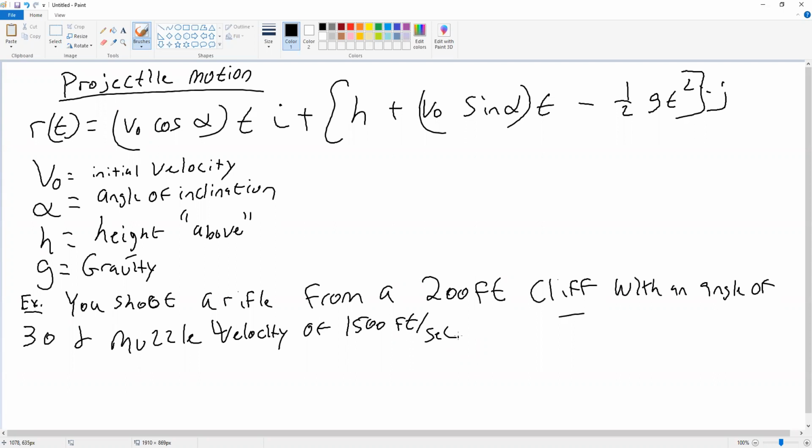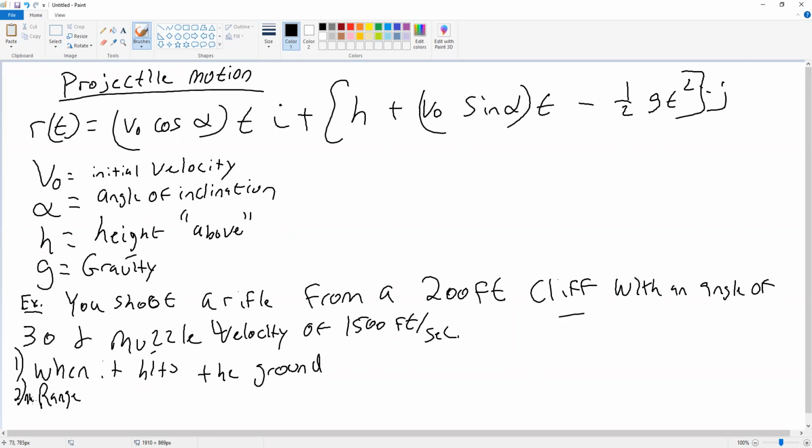And where are we playing? Let's see. When it hits the ground. What else I want you to find? The range.